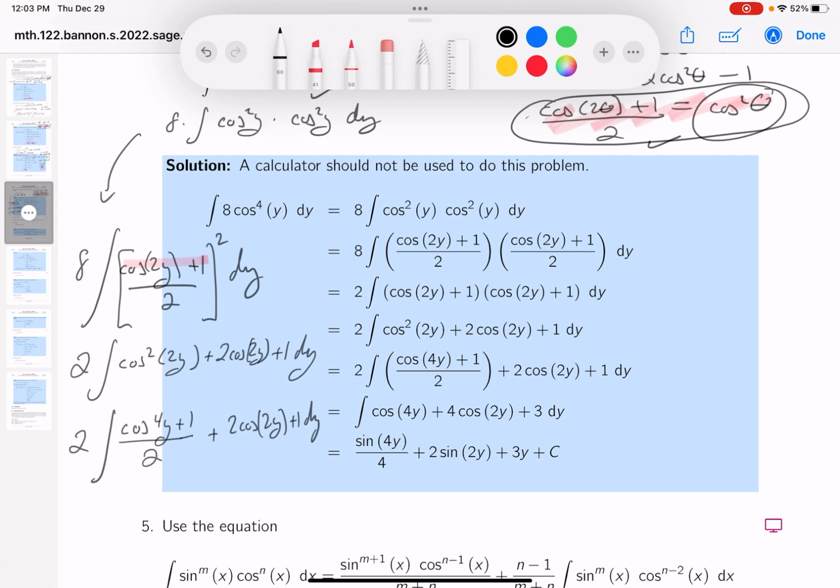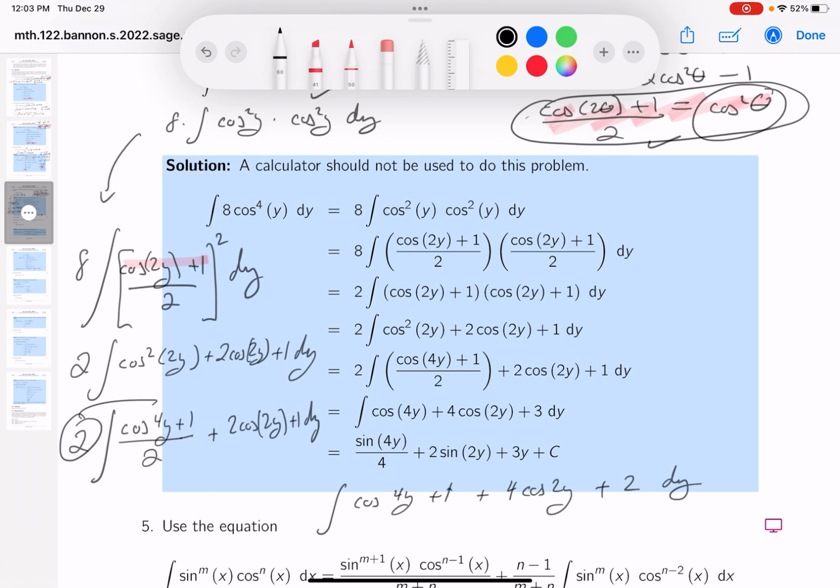All right, so I'm going to multiply it out, and what do you get? You're going to get cosine of 4y plus 1. I'm taking this 2, distributing across the terms, by the way, plus 4 cosine 2y plus 2 dy. We're almost there. I can do it now. I want to put the 1 and 2 together, though. And what's 1 and 2 worth?